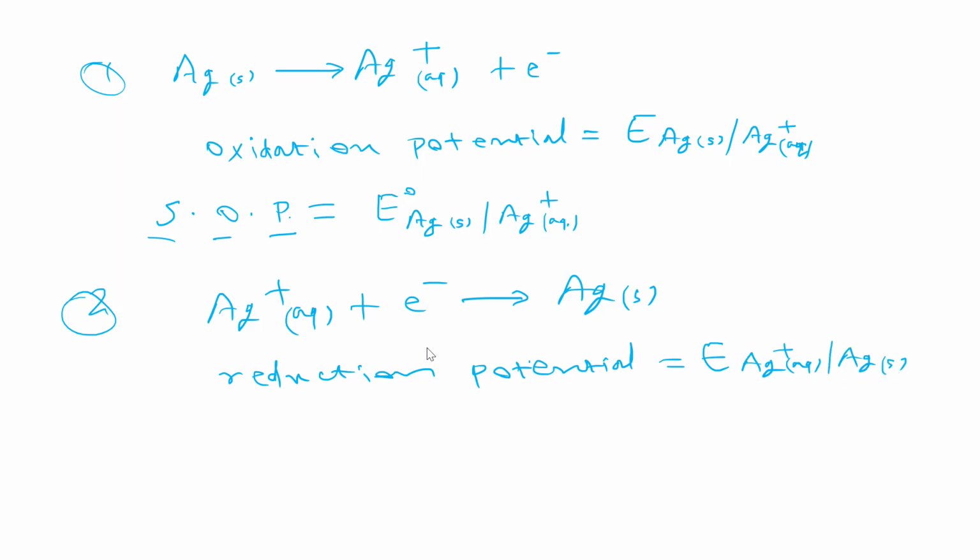So this is the symbol for reduction potential. In a similar way, to represent SRP, standard reduction potential, the symbol will be E naught, Ag plus aqueous oblique Ag solid.